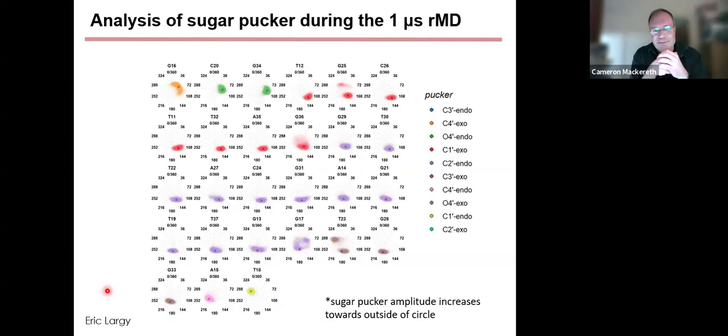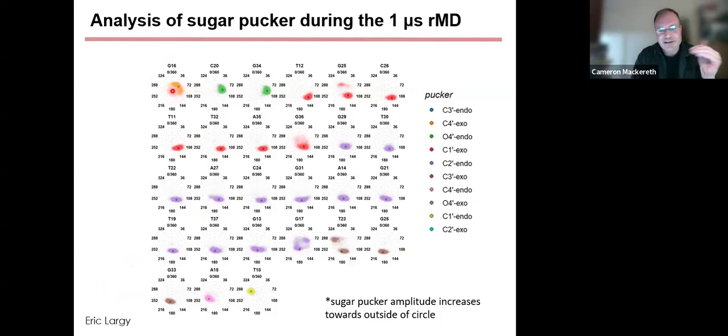We can also look at other aspects as well. Just as one example, we can look at the sugar pucker, to see how the sugars look in the DNA. So these are during the entire microsecond. That's why it's a cloud of distances.